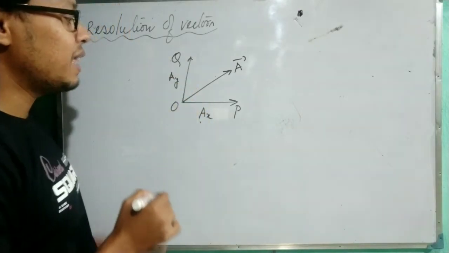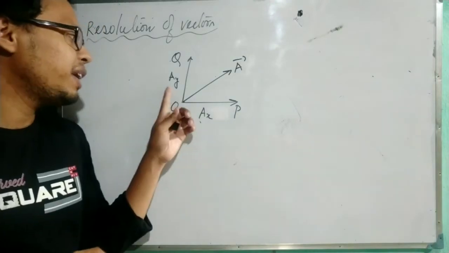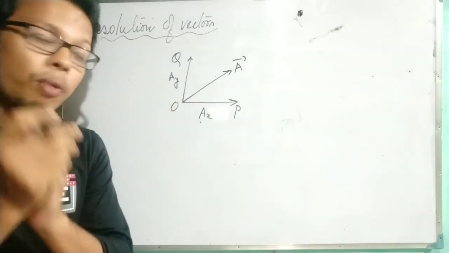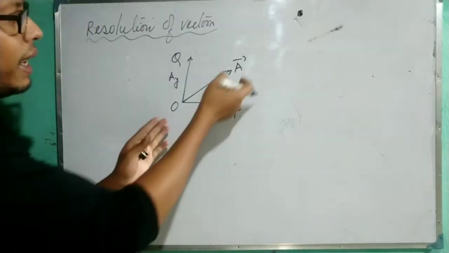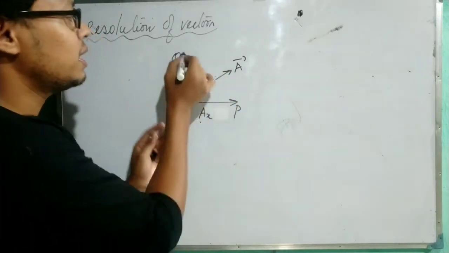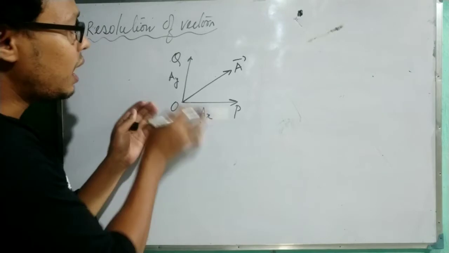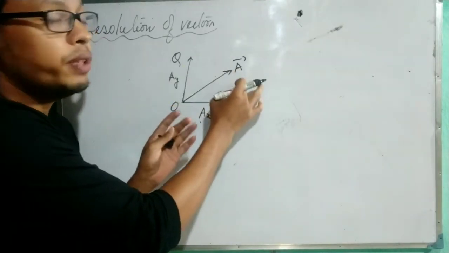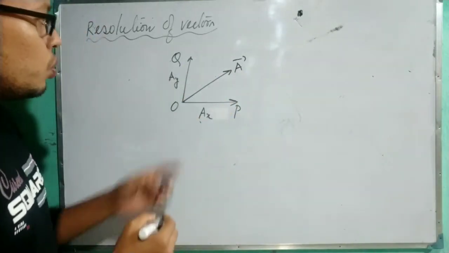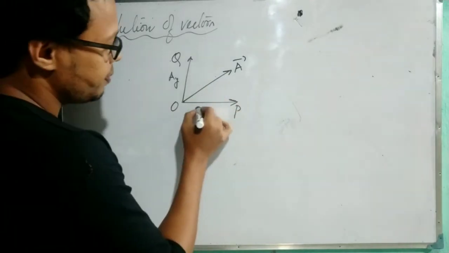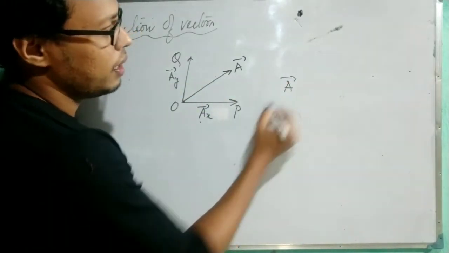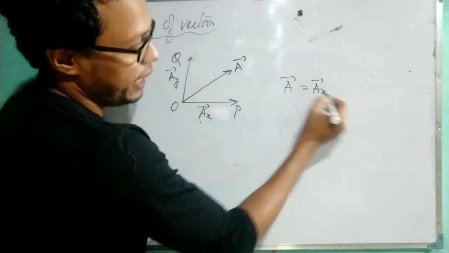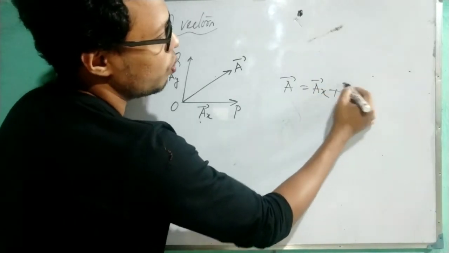That AX and AY are called the components of the vector A, because it has some effect along this direction and along this direction. So we can write that A vector equals the AX vector plus the AY vector.